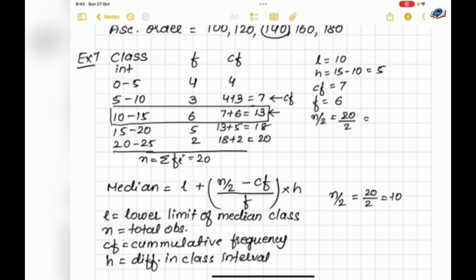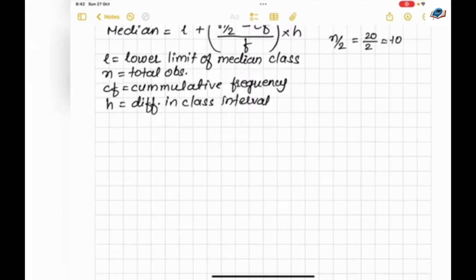Now if I find using the formula, median equal to L. So see, L is 10 plus n by 2, so n by 2 means 20 by 2, minus CF. CF is 7, upon F, so 6, into 5.